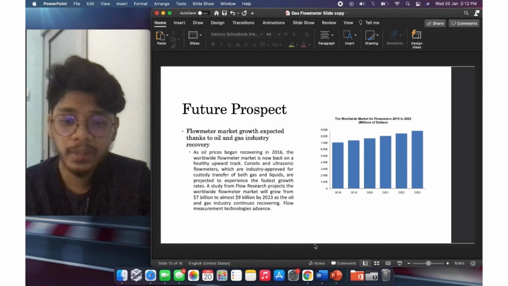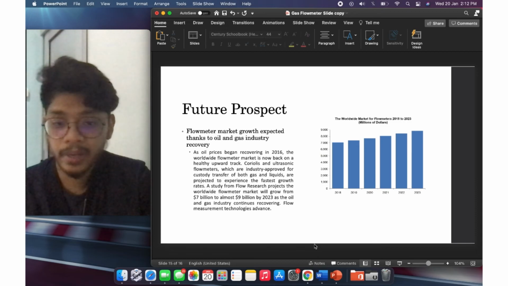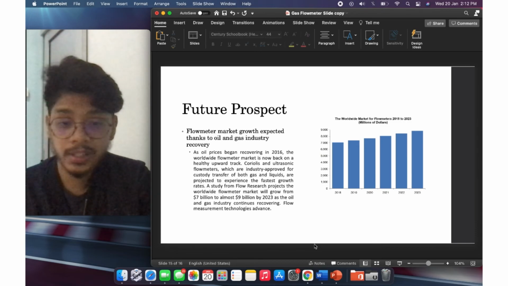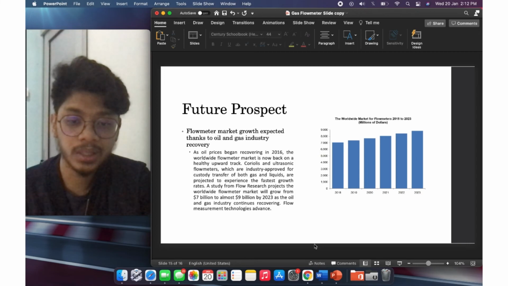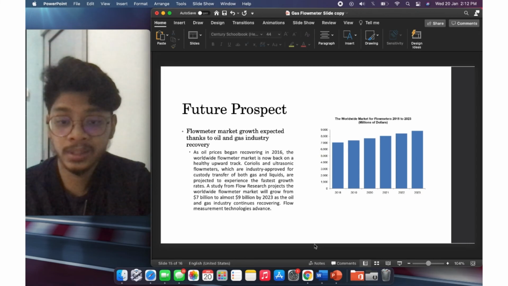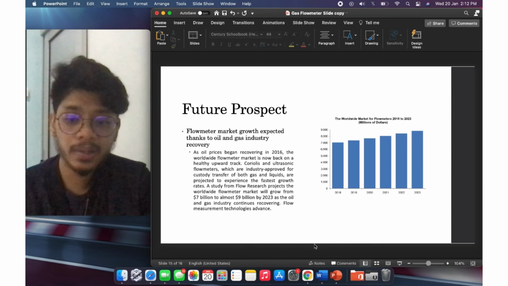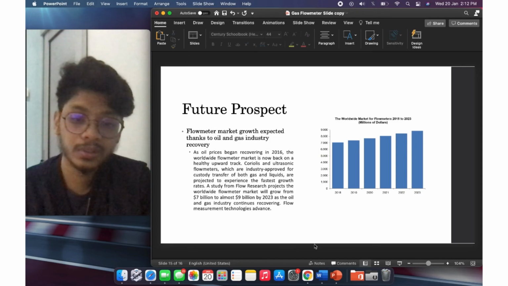The worldwide flow market is now back on a healthy upward track, and technologies such as Coriolis and ultrasonic flowmeters, which are industry approved for custody transfer of both gas and liquid, are projected to experience the fastest growth rate.